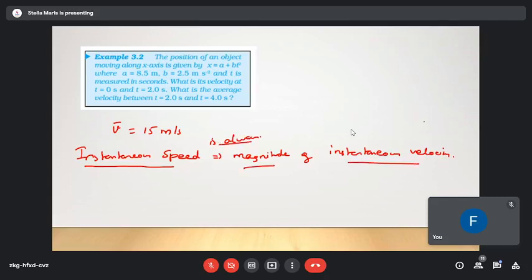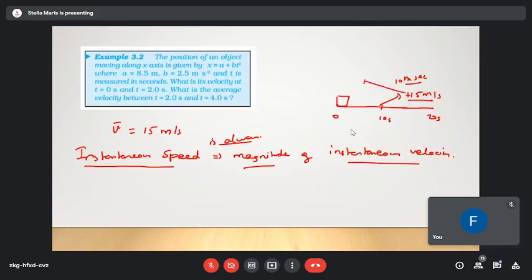For instance, if a body is moving in the positive direction, let's say from 0 to 20 seconds, and we are here at the 10th second. If we find out the velocity of this body at the 10th second, its velocity seems to be maybe plus 15 meter per second.